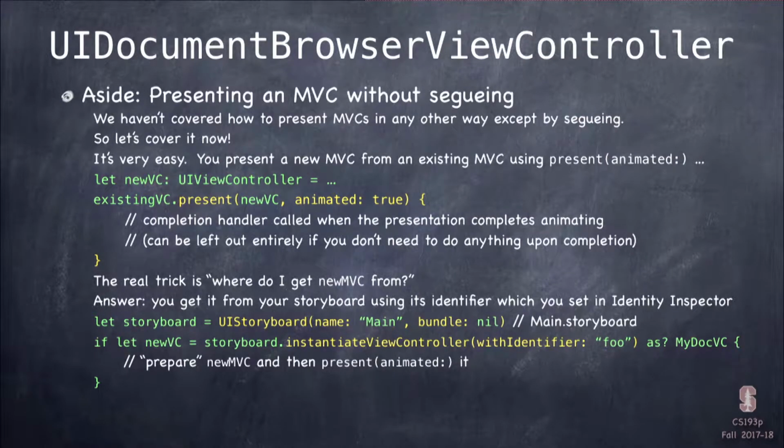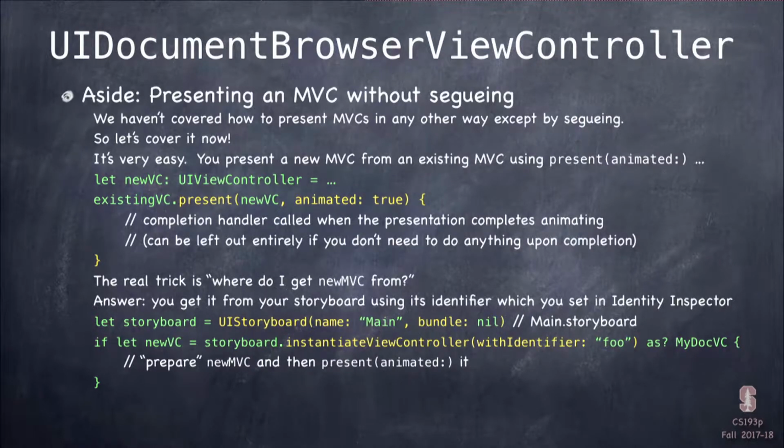You get an instance of your storyboard, which you get by saying UIStoryboard name, and you know that our storyboard has always been called Main.storyboard, but we haven't talked about the fact you can actually have multiple storyboards, perfectly legal. We always just have that Main, and bundle is almost nil there because that's your main bundle. Nil means your main bundle. So you get the storyboard, and then you ask the storyboard to make you an MVC with that name by saying instantiateViewController with identifier.